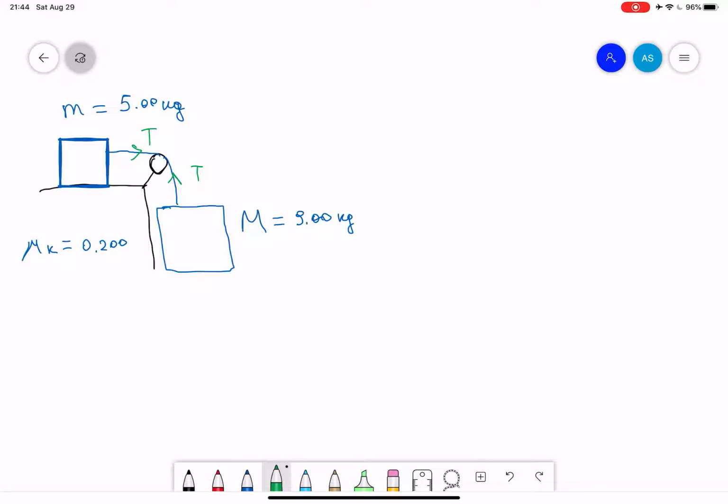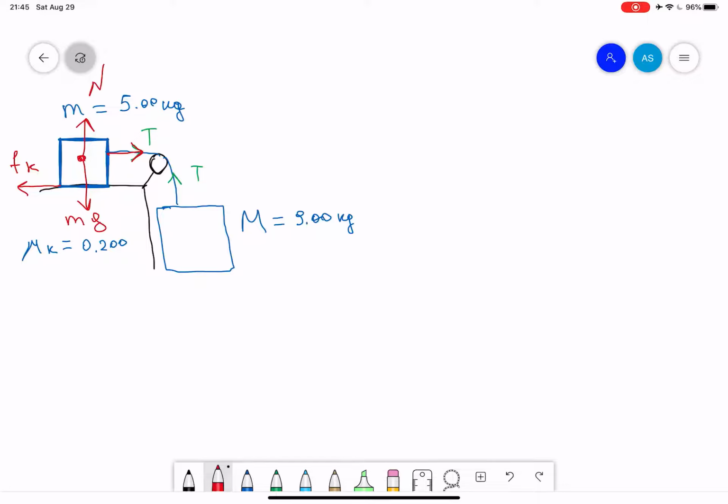In order to solve this problem, we have to draw a free body diagram. For the small box, we have a tension, then mg, then kinetic friction, which always opposes the motion, and then a normal force.